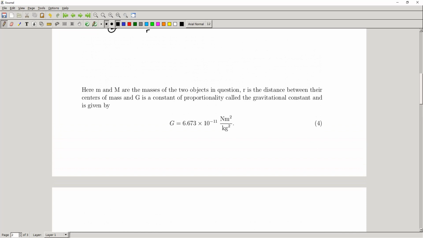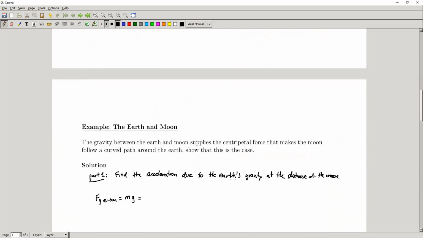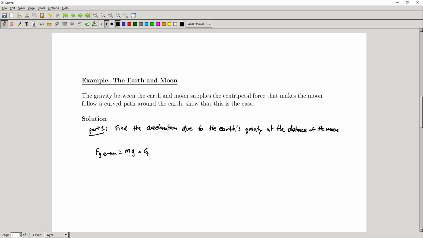So we know that this force is also going to be equal to capital G m, which is the mass of the moon in this case, capital M, which is the mass of the Earth in this case, over r squared, where r squared is the distance between the center of mass of the Earth and the center of mass of the moon, right? We can cancel our m's here because these are both the mass of the moon. And what does this give us? This gives us g, or lowercase g, is equal to capital G, capital M over r squared.